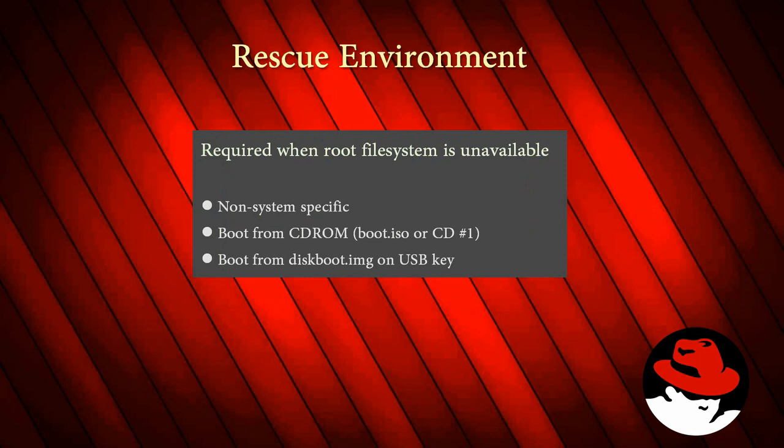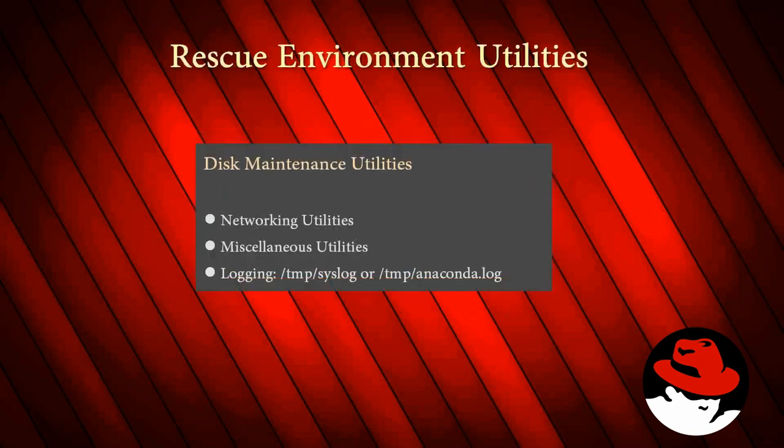However, tools related to disk maintenance and network connectivity are provided. You can go with rescue mode if nothing else works. The rescue environment utilities include disk maintenance utilities, networking utilities, miscellaneous utilities, and logging with Anaconda and syslog.